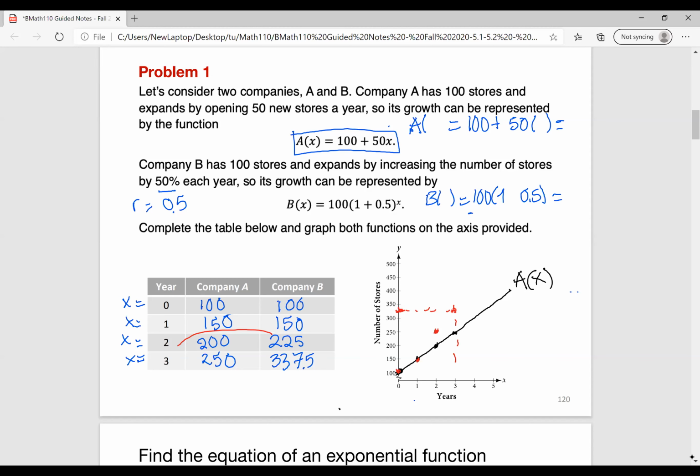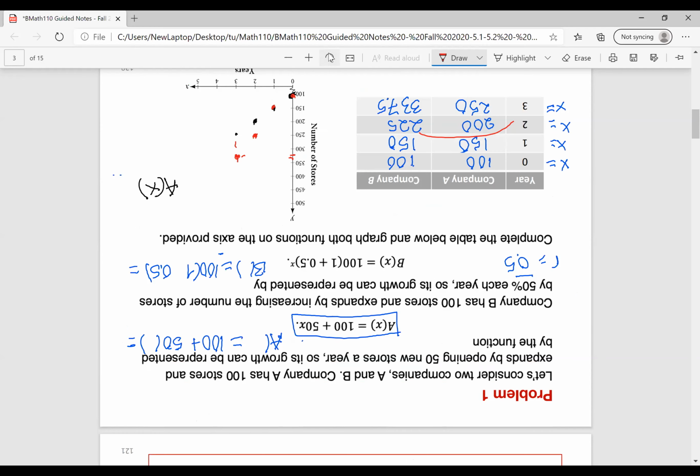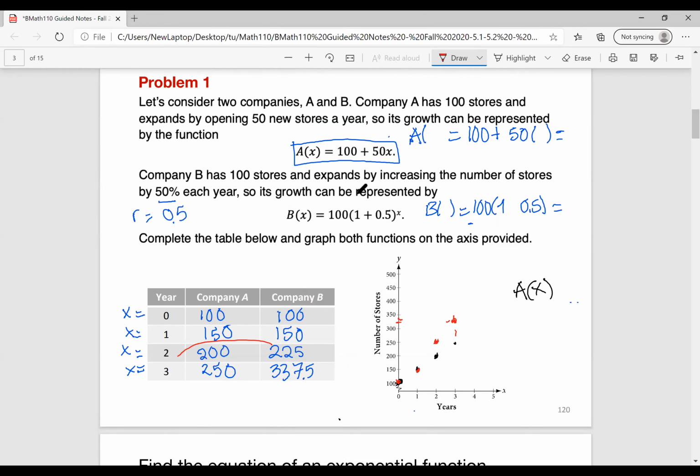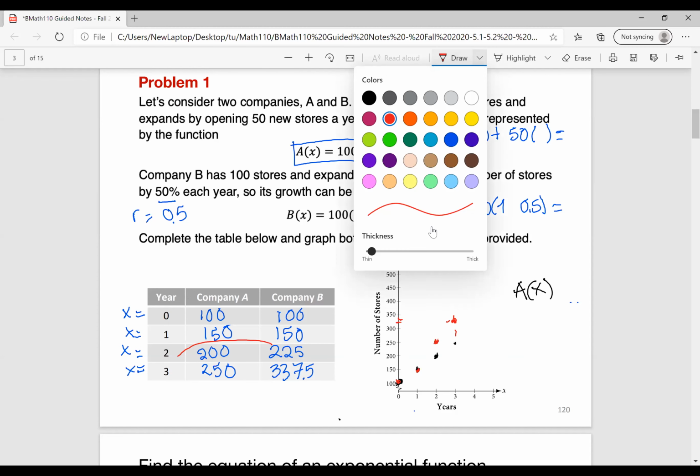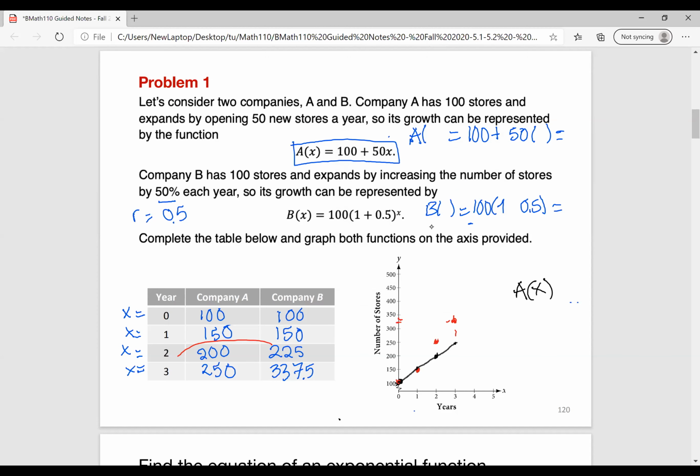So this one. Okay, so I have to draw black.